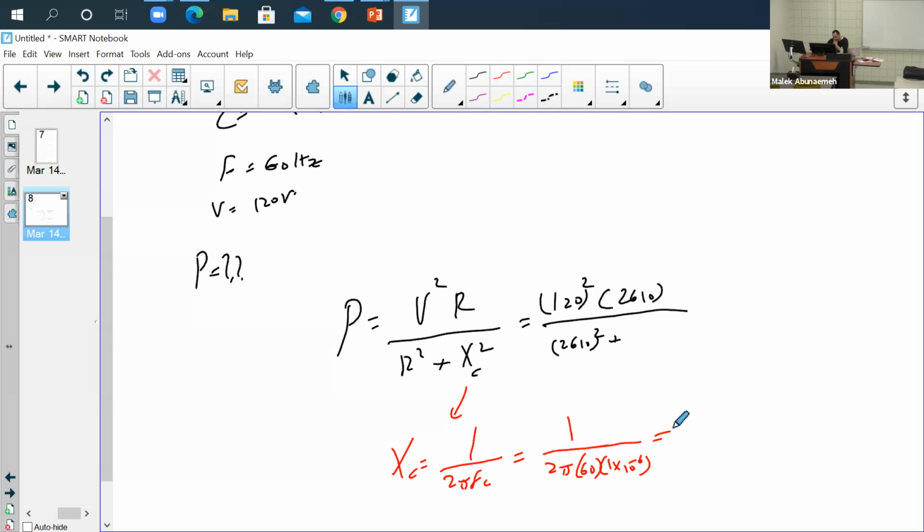So we should get 2,650 ohms. So basically, we're gonna have to put 2,650 ohms squared over here, and we should get 2.71 watts.